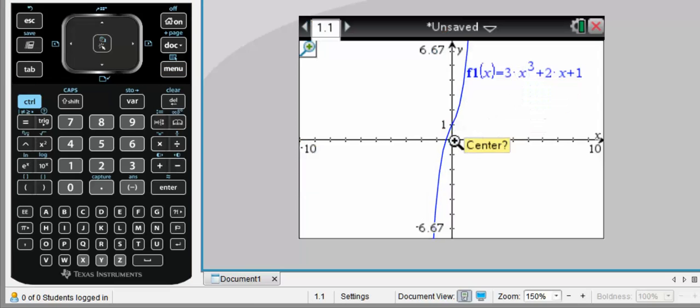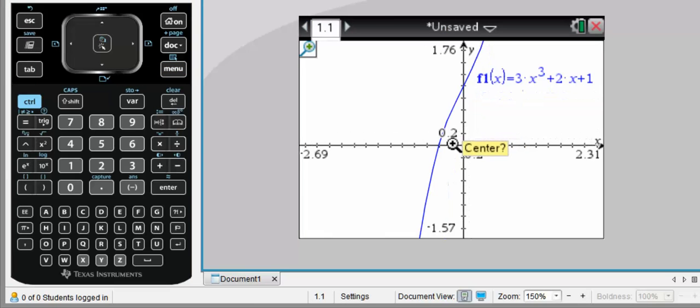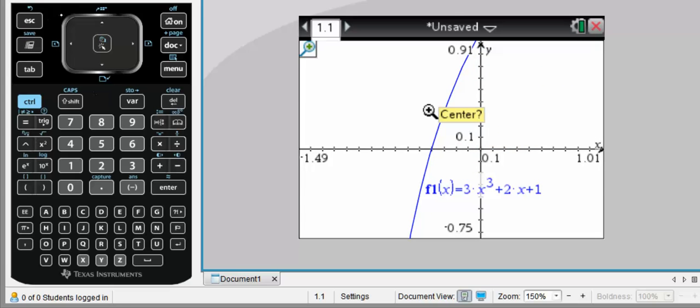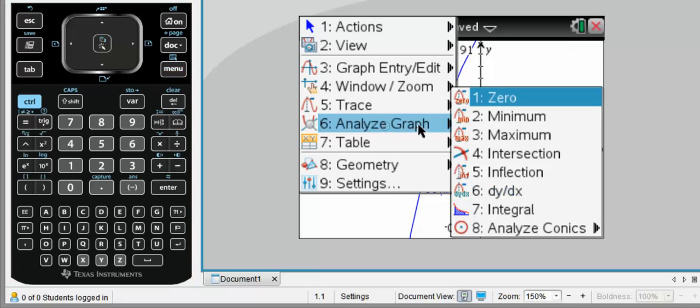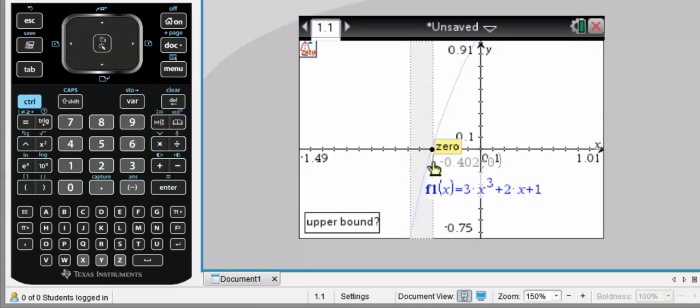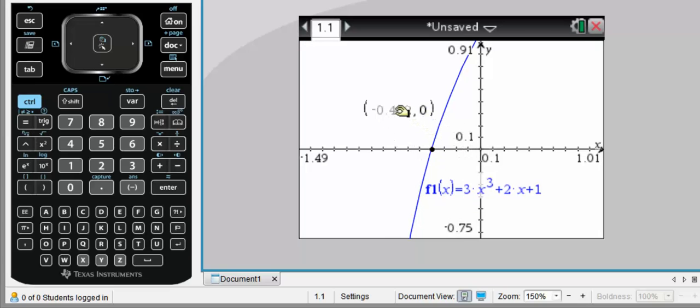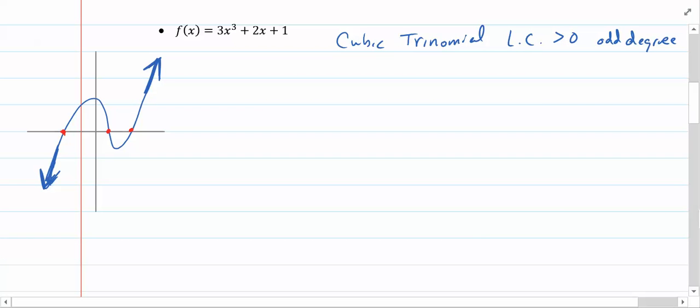Let me zoom in just a little bit so that we can get a good idea for where this 0 occurs. And now we'll use the menu 6-1 option to find the zeros. Here we have a solution. A real number 0 occurs at -0.402.